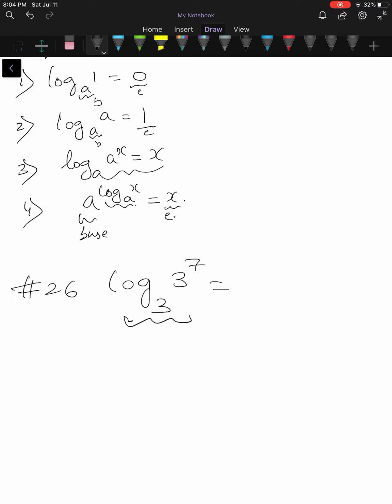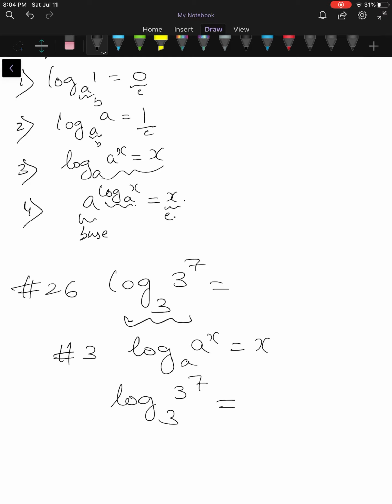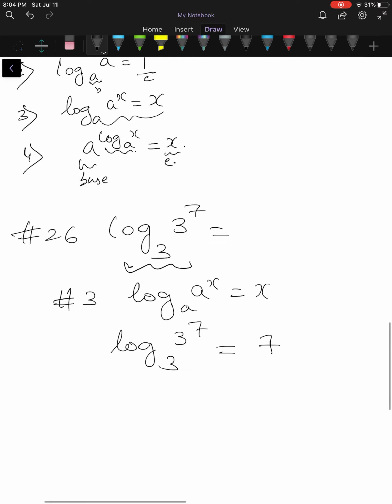You can clearly see this is of the form of property number 3. Property number 3 implies log of a to the power x to the base a is x itself. Here a is 3 and x is 7. So this will be equal to 7. Okay, this was part A of the problem.